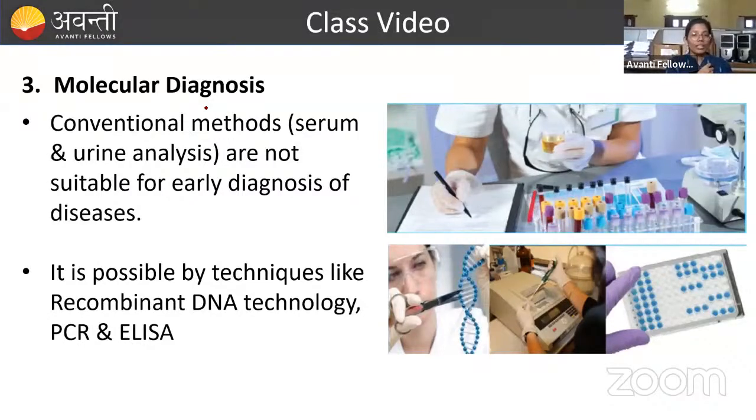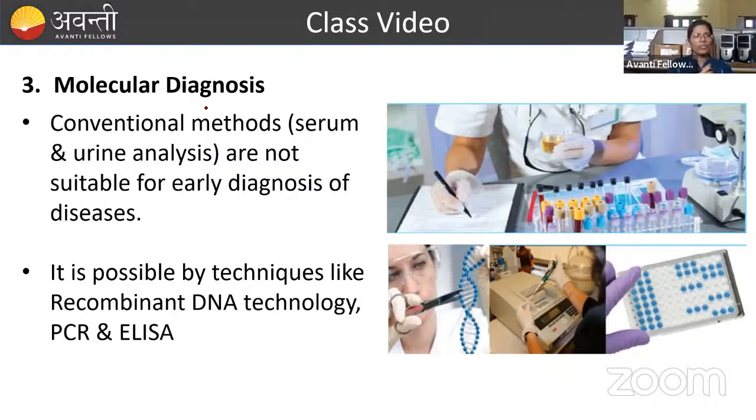But if you want to diagnose the disease at an early stage, you cannot do it by the urine test or a blood test. At that time, we have to check the DNA of our own body. Then only we will understand, okay, this person has this disease. Either DNA or any biomolecules we have to analyze, if you want to diagnose the disease in the early stages.